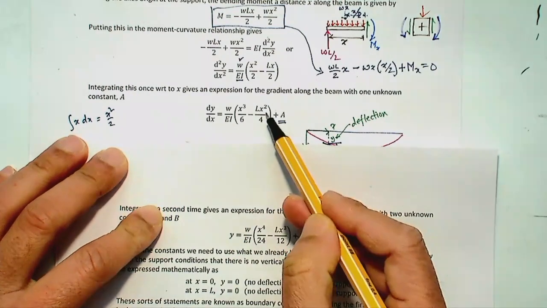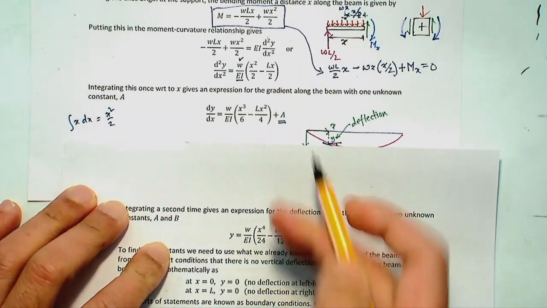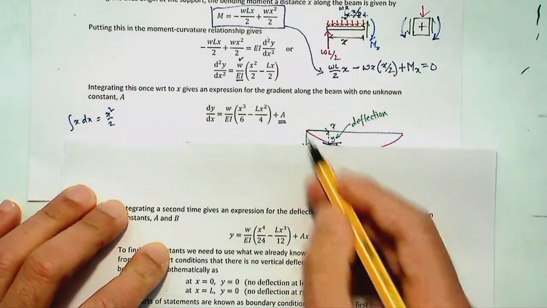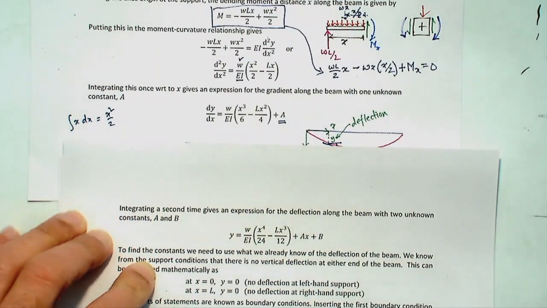And then x square integration is x cube over 3, that gives you Lx cube over 12. Integration of a, which is a constant, would give you ax, and another integrating constant is b.